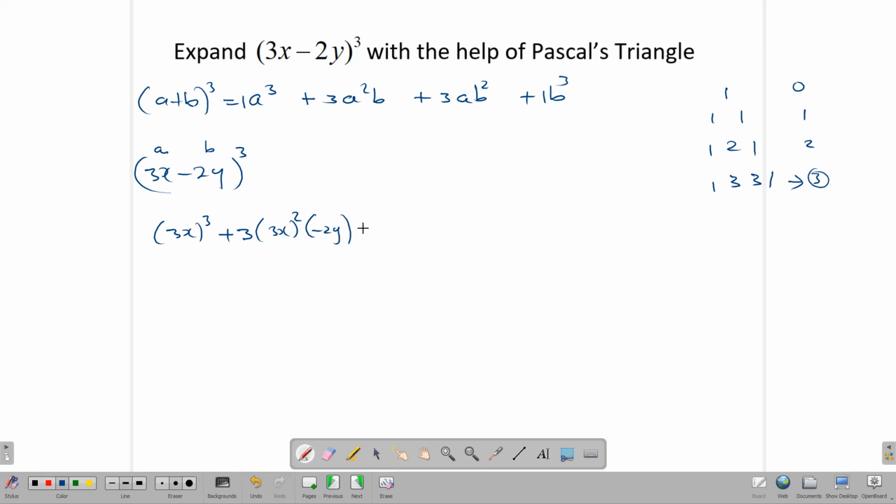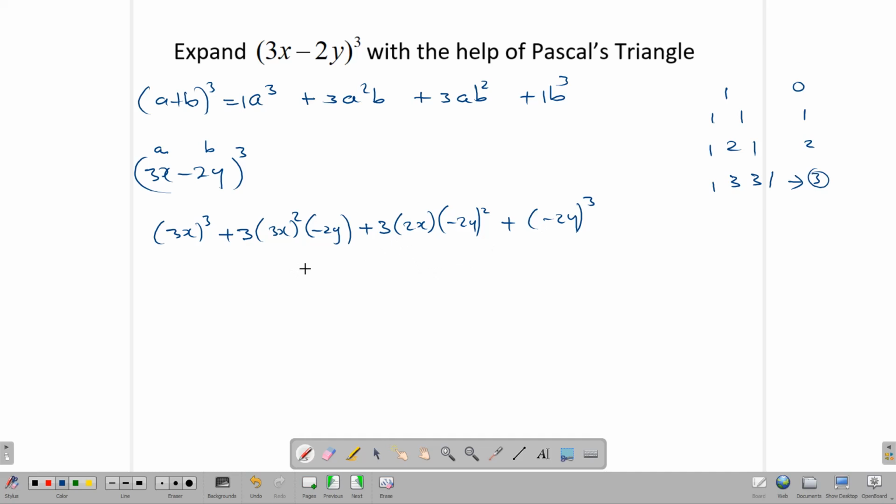So we have written down that one, plus 3 again, a, which is 3x, b, which is going to be minus 2y squared. And then for our final term, we are going to write down minus 2y to the third power. So there we have them.